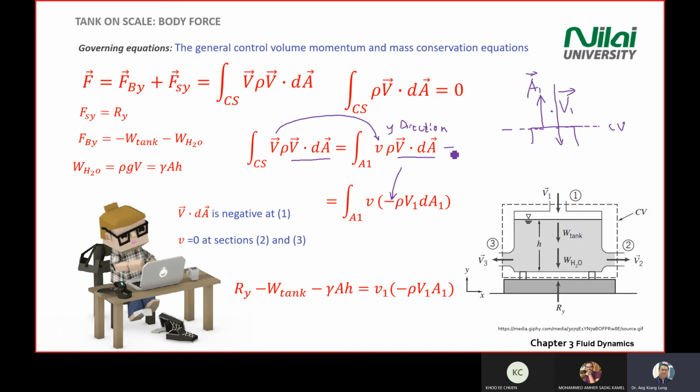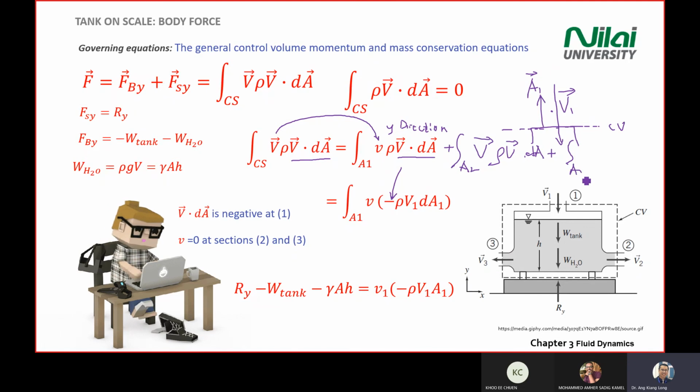A complete one you should write now. You should write integral of A2 V rho V dot dA plus integral of A3, same, V rho V dot dA. Okay, a complete equation of this total integration should consist of all the openings.